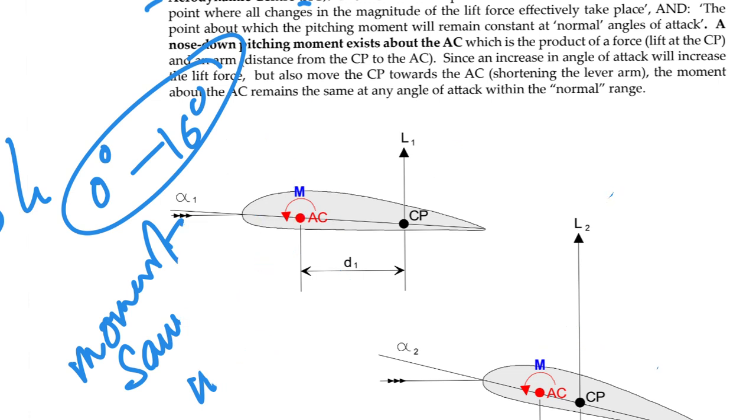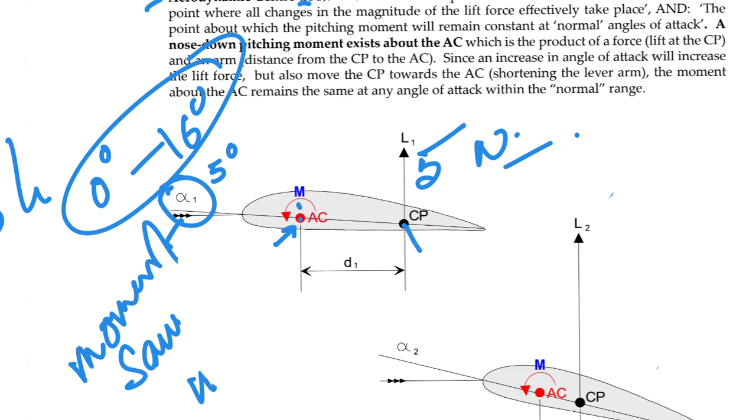To simplify this, let's say this is your aerodynamic center, which is a fixed point. Now let's say you have alpha 1 angle of attack over here. For example, you have an angle of attack of 5 degrees, and you are producing a lift of, let's say, 5 Newton, just for example.